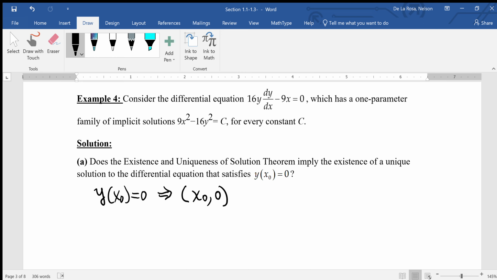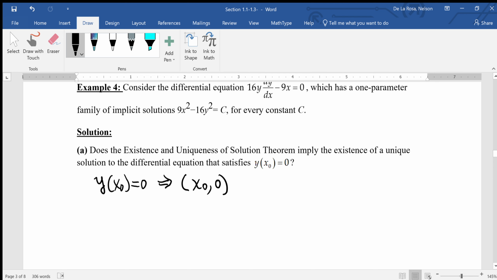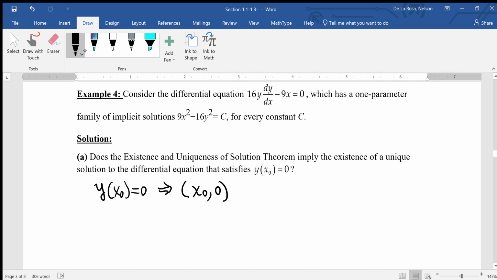Well, remember, we have to check continuity of this function, right? dy dx is not isolated in the given problem, right?